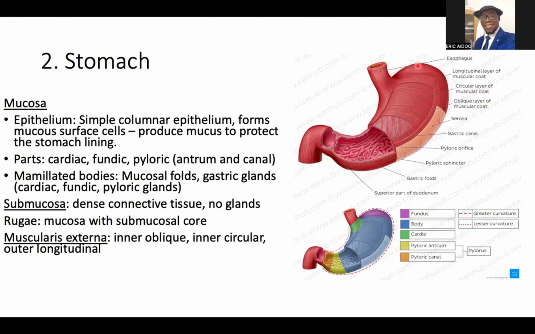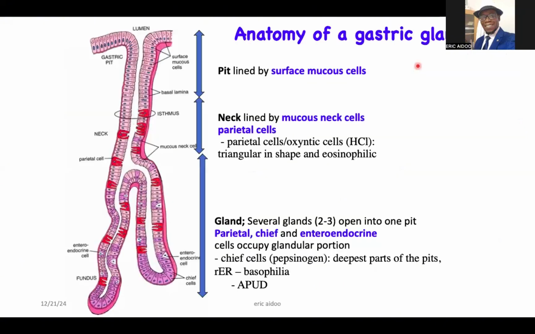So when we look at the mammillated body, where you have the mucosa, okay, together, and when we say the mucosa, we know that it also includes the epithelium. Okay, so the epithelium comes down and then rises up, and within that you have the mucosa also incorporated.